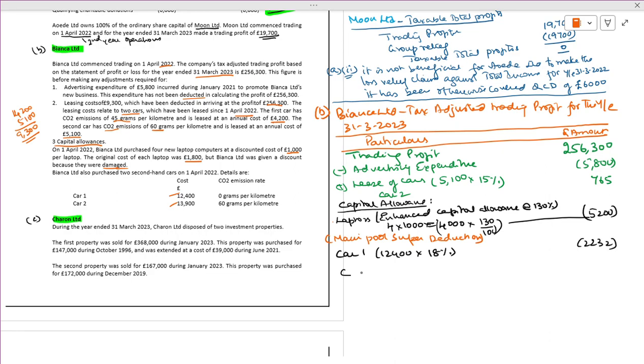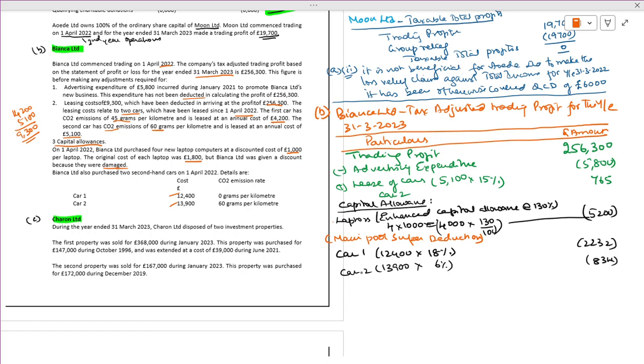Car 2 is 13,900. How much emission? 60 grams, which means 6%. It comes to 834.